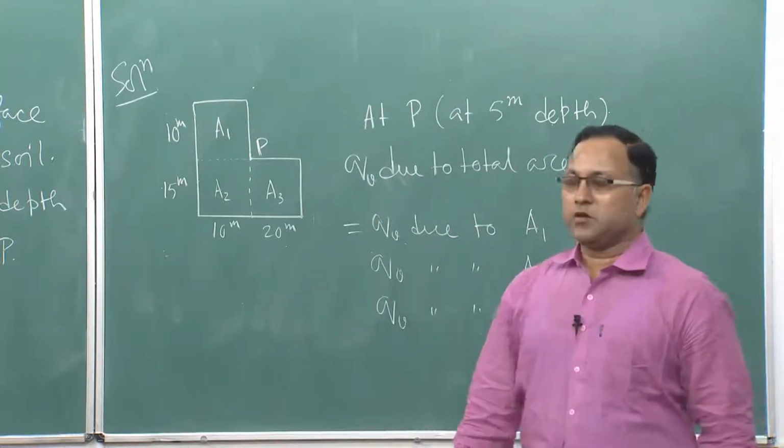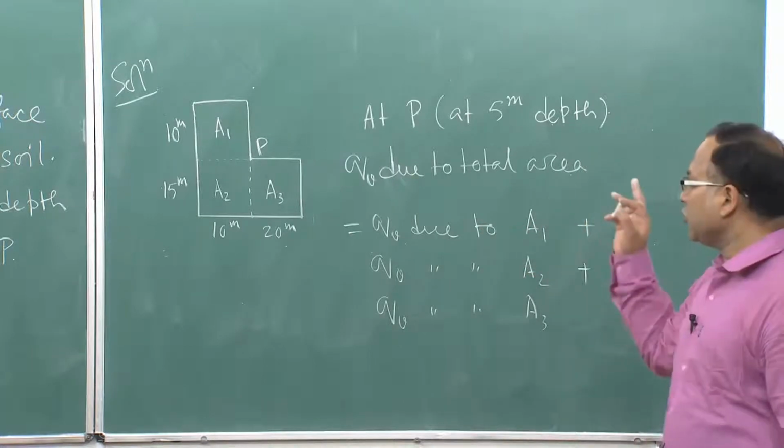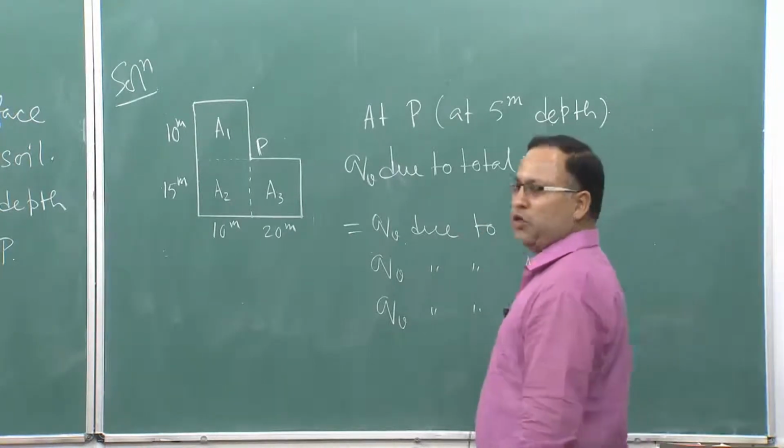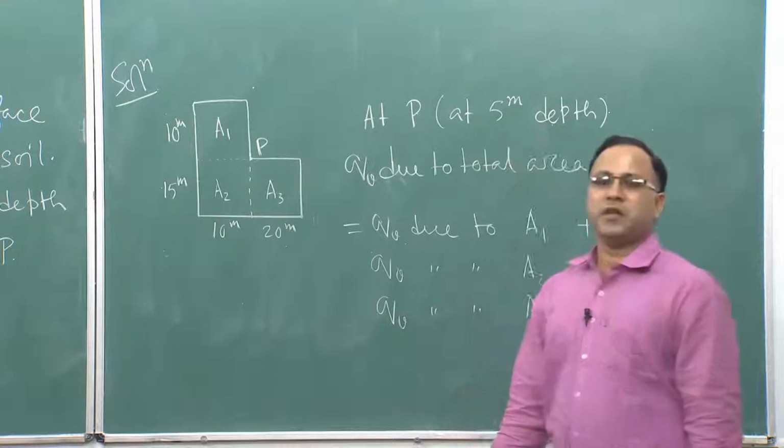Agreed? So, now P point is the corner of area A1, corner of area A2 and corner of area A3.